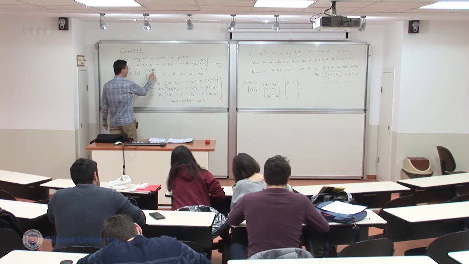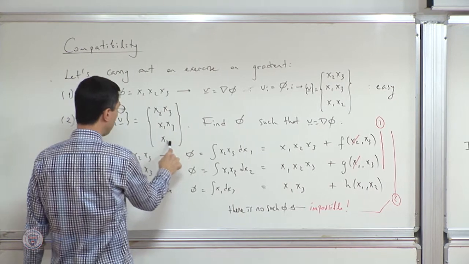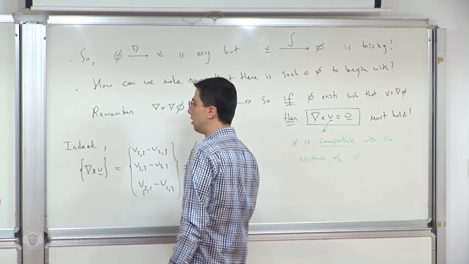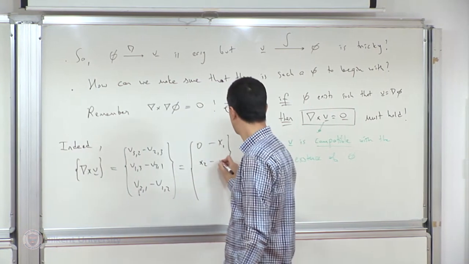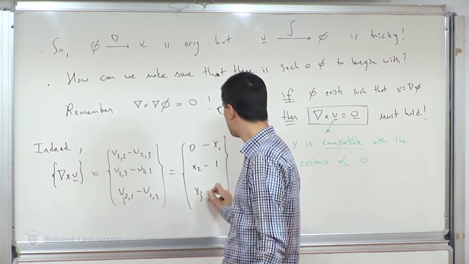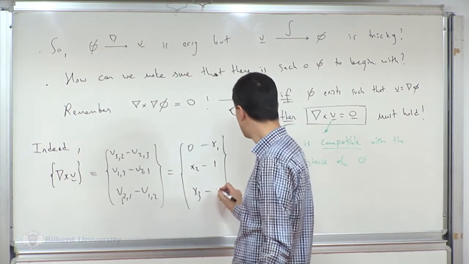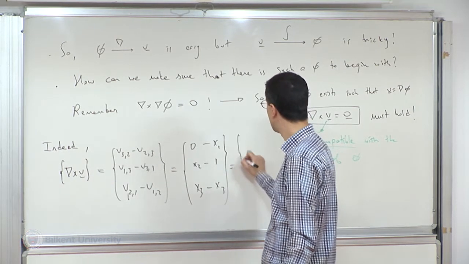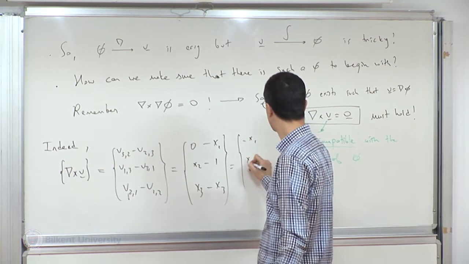And now 1, 3, x2, 3, 1, 1. And then 2, 1, x3, 1, 2, x3. So the last one is 0, but the other two are not.